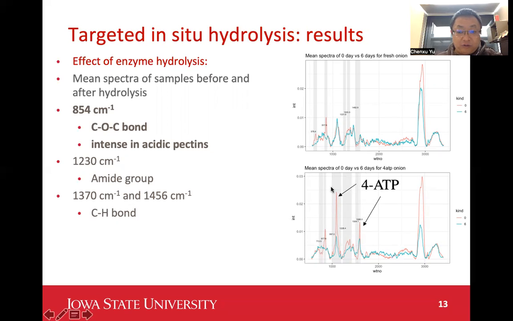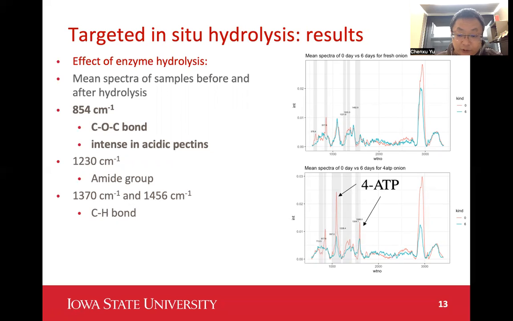Right, so what we can tell is that the differences are clearly identifiable, coming from the two ATP peaks before and after hydrolysis. Remember, after hydrolysis, the PG, the backbone of the pectin that are 4-ATP labeled, are being chopped into smaller pieces, and the segments are being washed away.